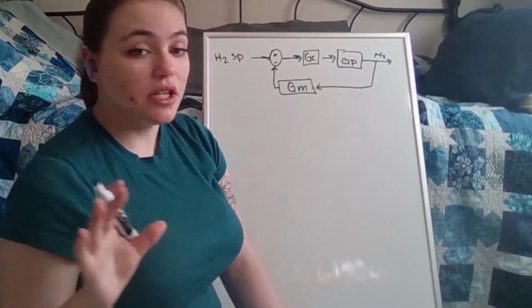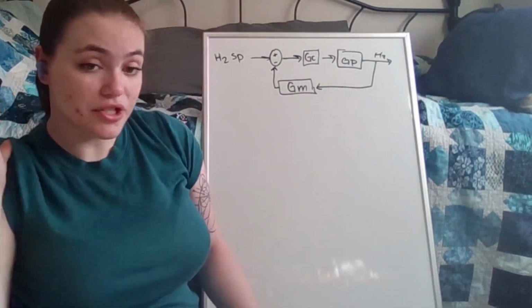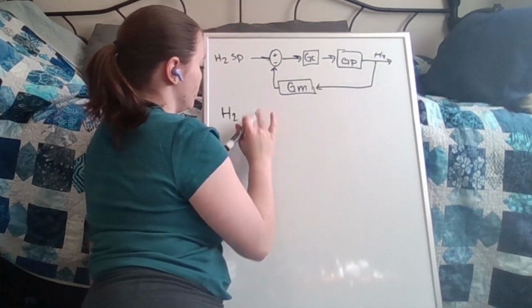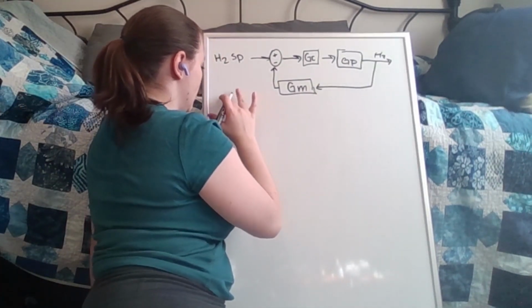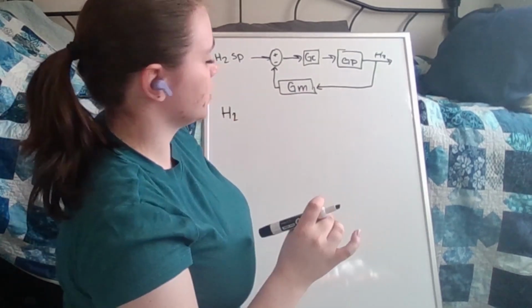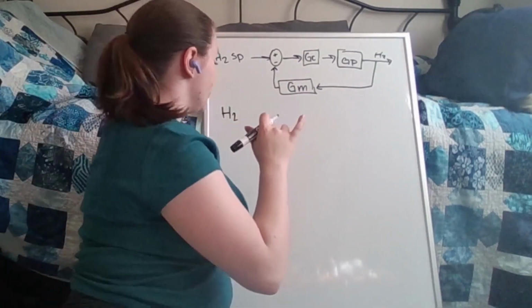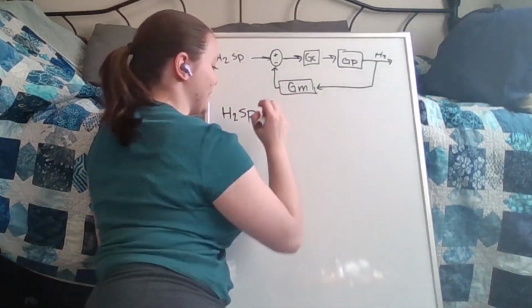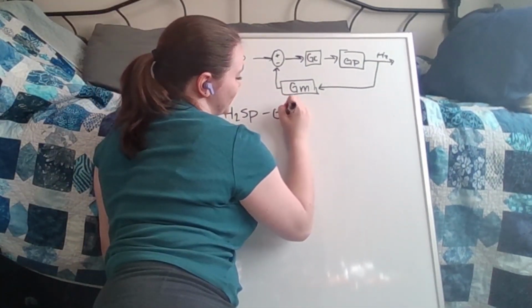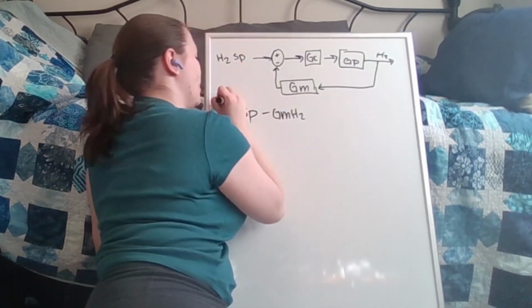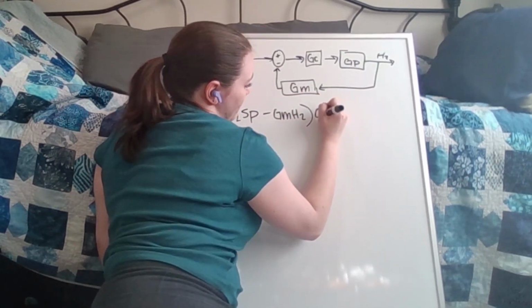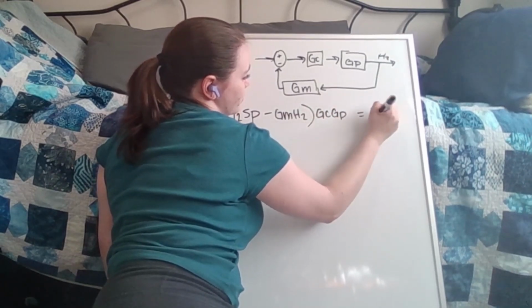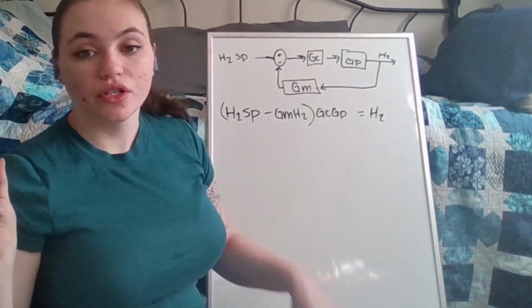And so when we look at this, we can set up an equation: H2SP minus our GM H2, all of that multiplied by GC, GP, is equal to H2.